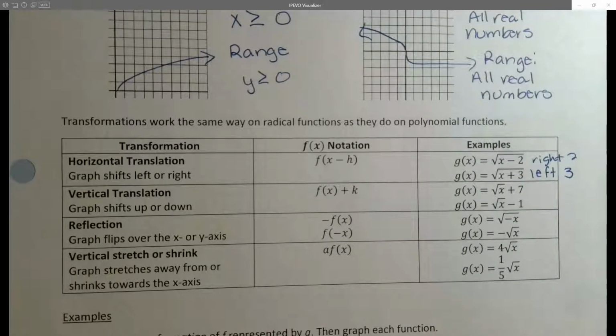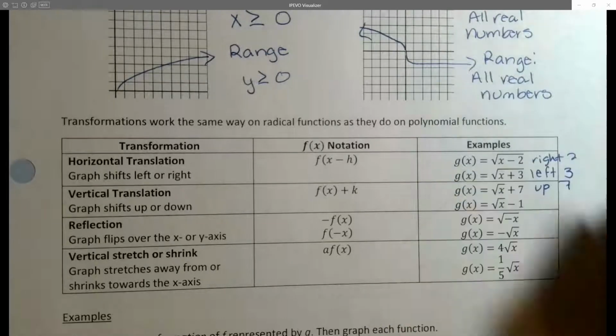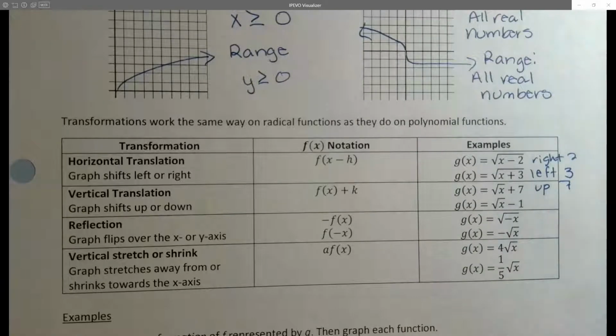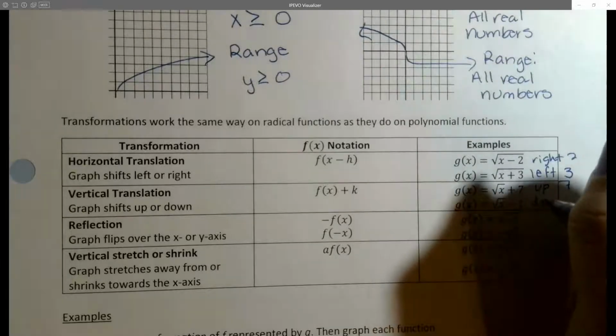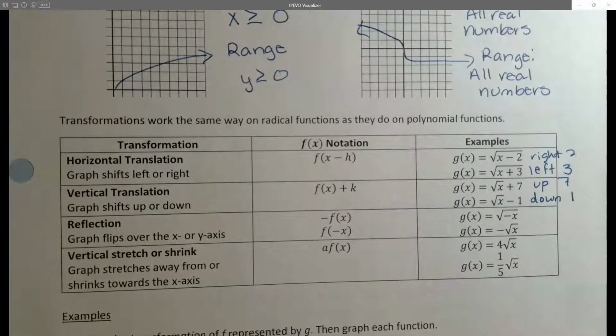Vertical translations are outside the parentheses, or in this case, the radical. So over here I have square root of x plus 7. This is up 7. And then on the bottom I have square root of x minus 1. This one is down 1. So these ones match the signs. Reflections are flipping it over the x or y axis.